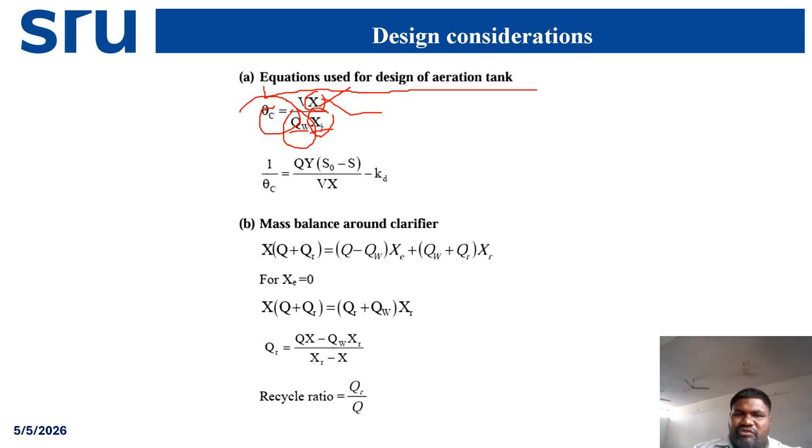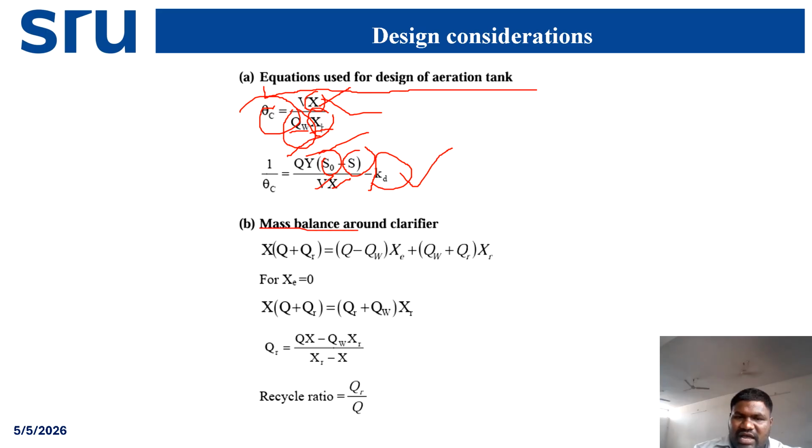One more equation: 1 by theta C equals Y into Q into S naught minus S divided by V X, minus Kd. Q is the flow rate, Y is the yield, S naught is the initial BOD concentration, S is the effluent, and Kd is the decay constant. During the growth of microorganisms, decay also occurs, so we need to consider the decay rate.